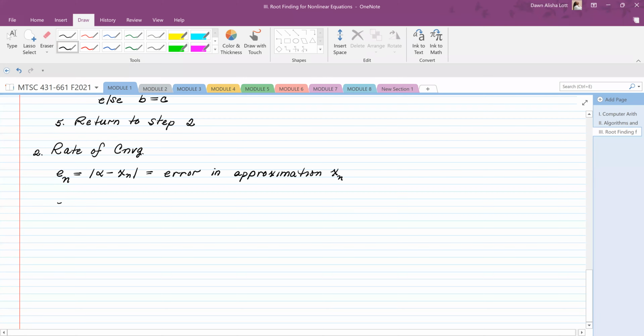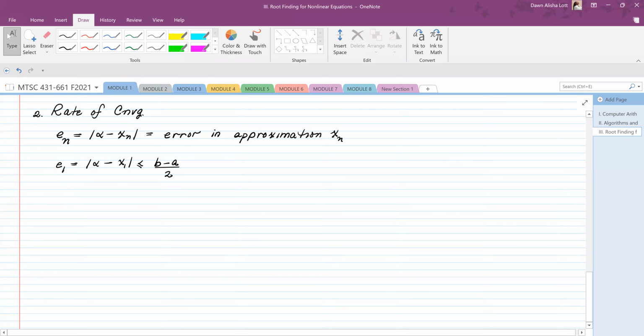Let's compute E1, the absolute value of alpha minus x1. I definitely know that it is less than or equal to b minus a over 2, because the distance between alpha and x1 can't be any bigger than half the interval, since it has to be on one side or the other.